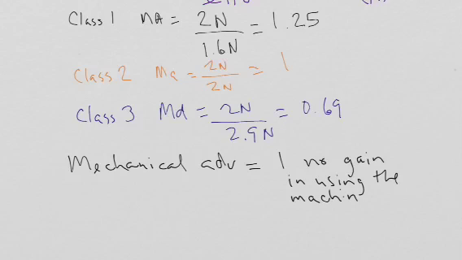Now, there's no gain in the sense that it doesn't take less effort, but there still could be other gains because we know that machines have more functions to them than just making things easier. They can change the speed. They can change the direction of a force. Okay? In the case of magnitude, it won't change the magnitude because it's 1. It's the same thing.